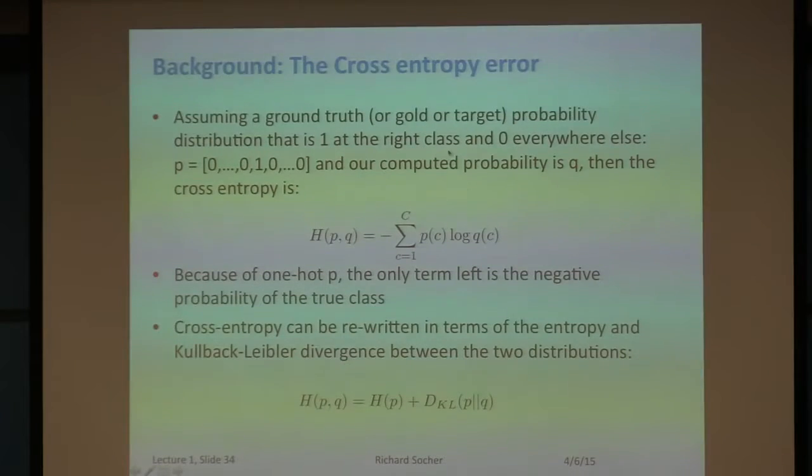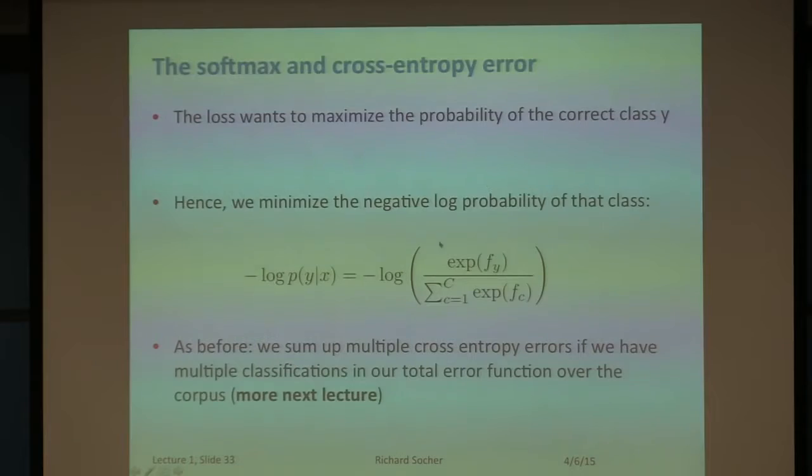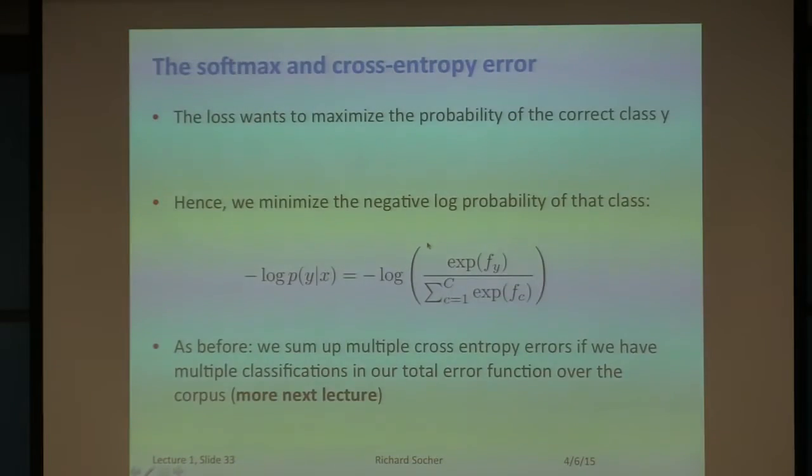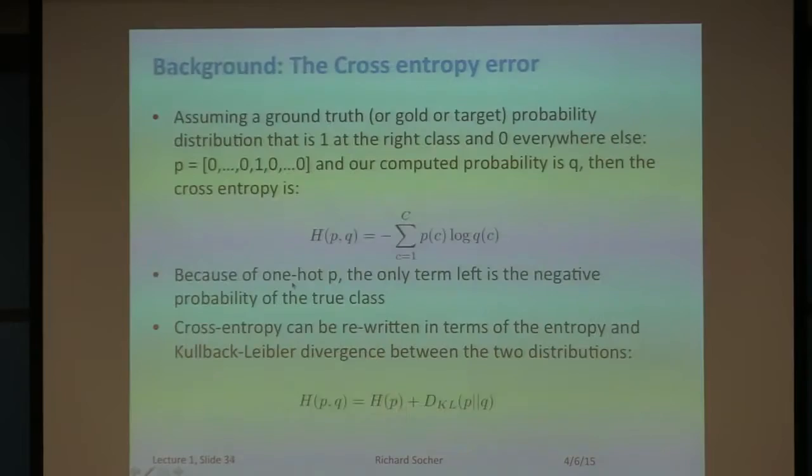Then we can define the cross entropy error here as the negation of the sum over all the classes of P of c times the log of Q of c, where Q we computed just with the softmax function. So it's a little bit of a switch of notation here. Usually we describe P of y given x as P, but now since we have two distributions, Q will be the one that we get from our softmax, and P is the ground truth probability distribution.